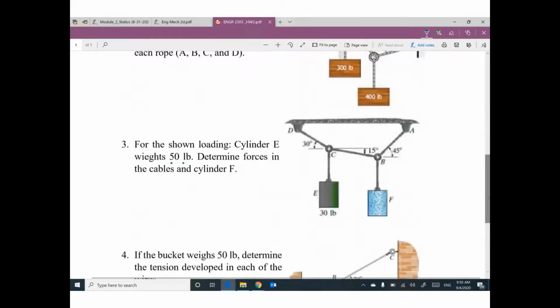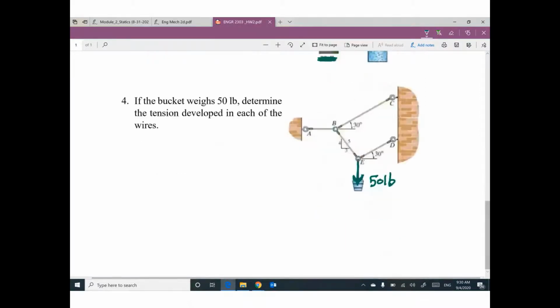Is it 50 or 30? No, it's 50, not 30. We have here a bucket with 50 pounds, so we didn't need to multiply anything by anything, just only if this weight is given in kilogram. Then we need to multiply by 9.81 to convert it to Newton.